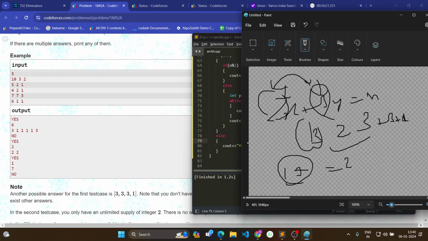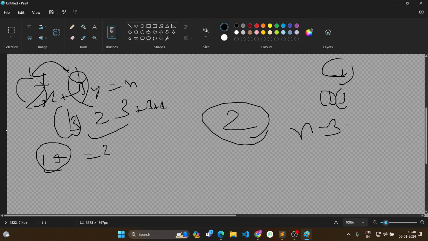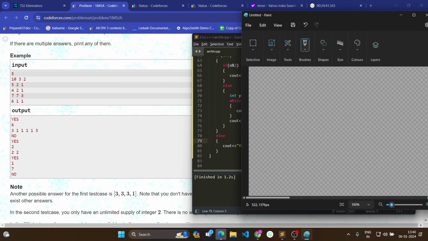I can make it using twos and threes, so it is always possible. All I need to do is I will keep on taking two, and then instead of taking one, I'm taking three. So let's do n minus three, and then I'll print n. But if n is even, then let's subtract two threes.